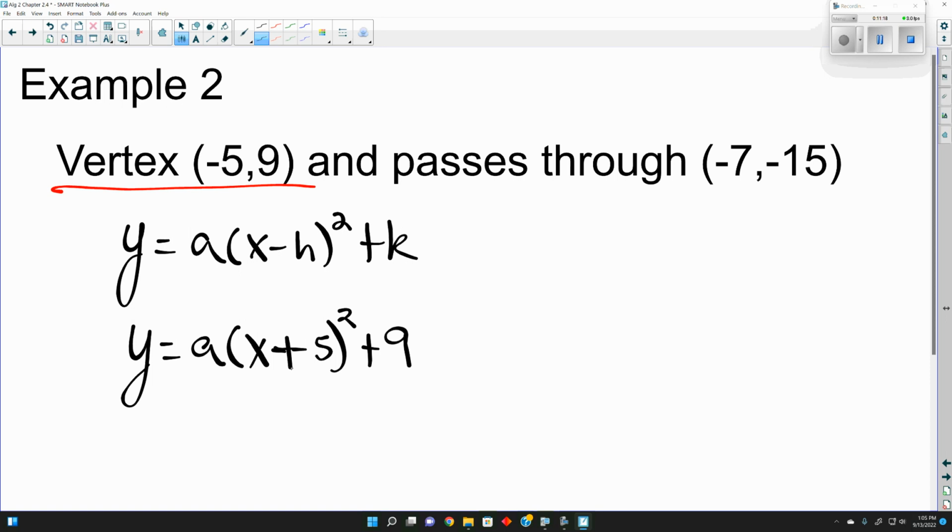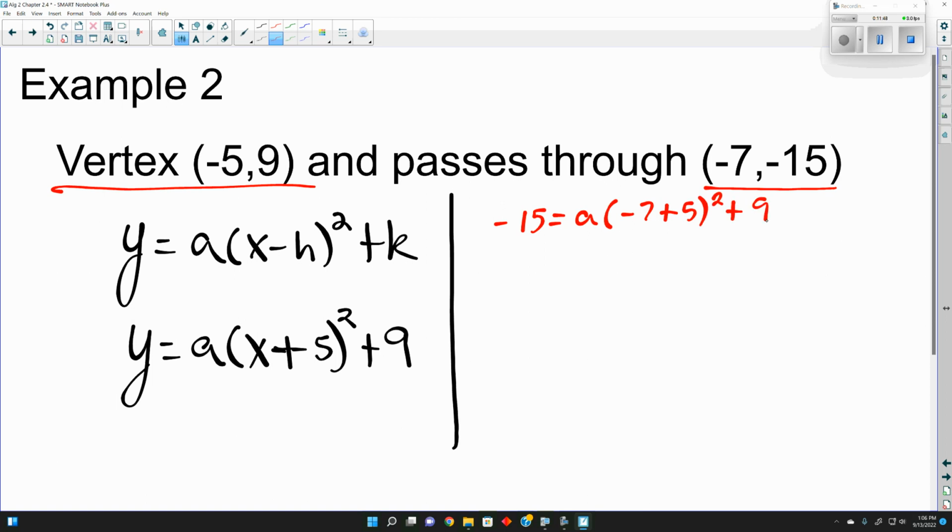Because I think we get this, yes? So really we can move over to part 4, because we need to solve for A. Now, we use this point here. We plug in -7 for X and -15 for Y, telling us -15 is equal to A times -7 plus 5 squared, plus 9.